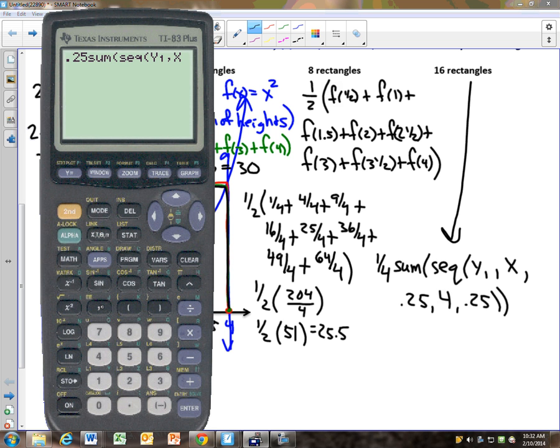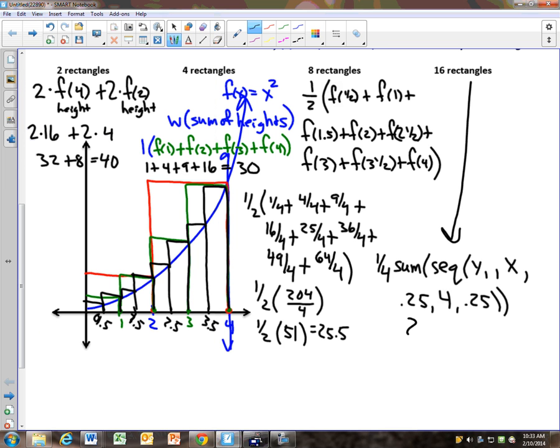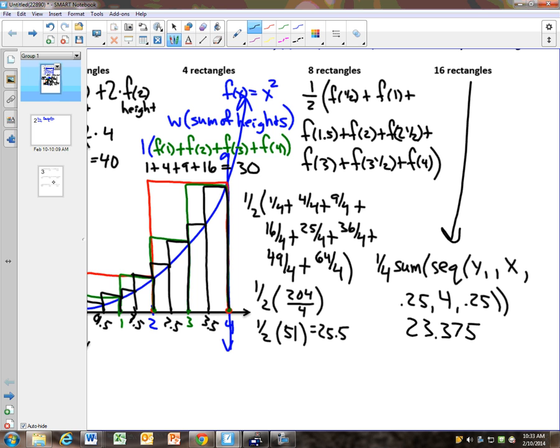X is our variable, comma. 0.25, comma. 4, comma. 0.25, parentheses. Ooh. How do you like that? A little better? A little bit better? Flip it over. Here we go.